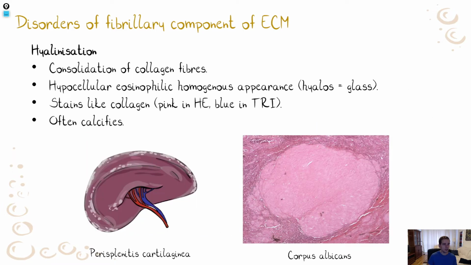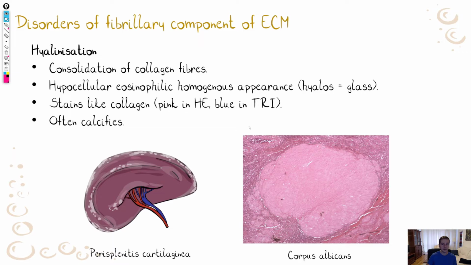Hyalinization means consolidation of collagen fibers. So the collagen fibers become more dense. In light microscopy, hyalinized fibrous tissue is very hypocellular. There are not too many fibroblasts. It's eosinophilic and homogeneous.